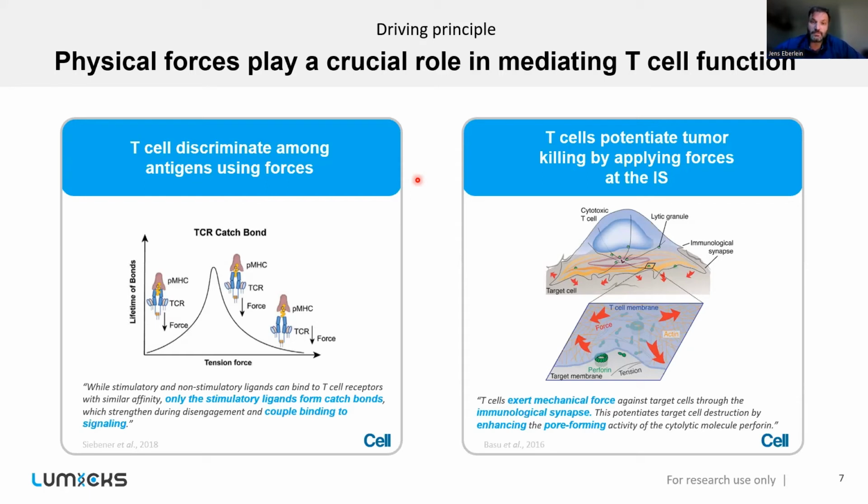Another example where forces play a big role in cell-cell interaction is once the T cell has docked onto its target and is ready to kill. It pushes and pulls on this interaction, and this has been shown to be important for depositing granzyme and perforin into the cell membrane of the target.